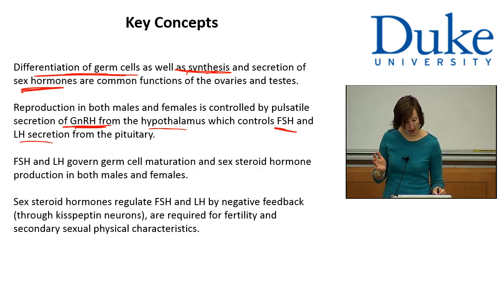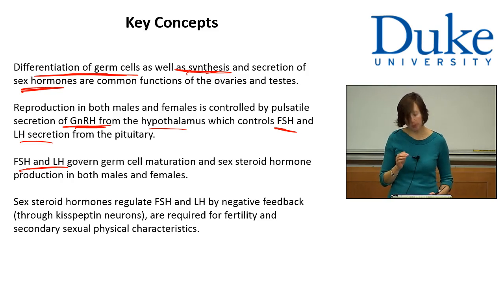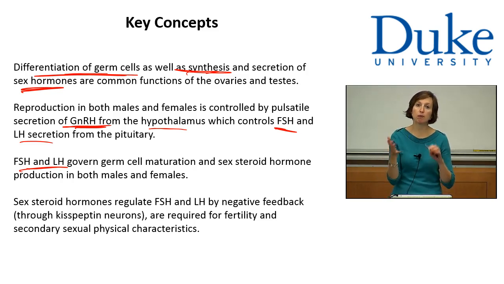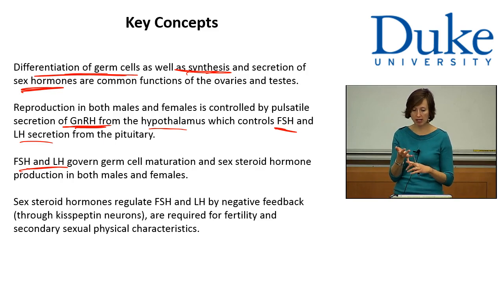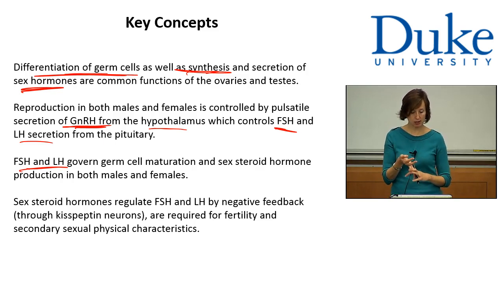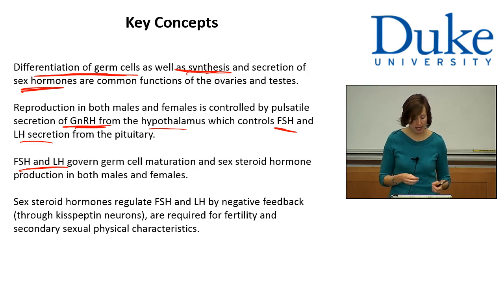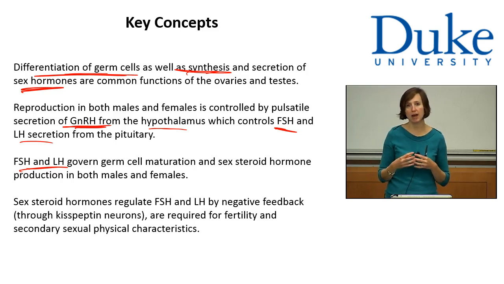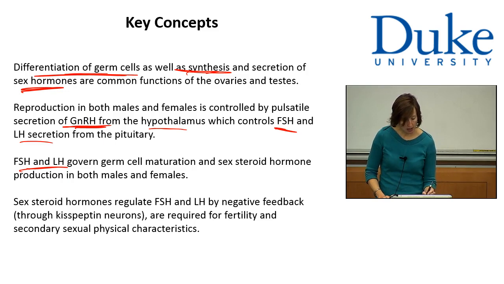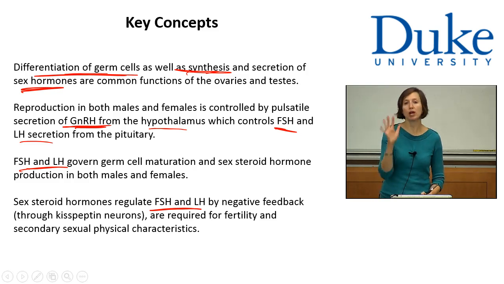And that FSH and LH are going to be what's responsible for producing the germ cells of the male and female and the sex steroids. And then the sex steroids will feed back negatively through kisspeptin neurons on FSH and LH. There'll be one exception in the female that we'll talk about.